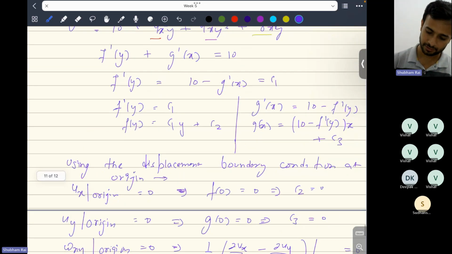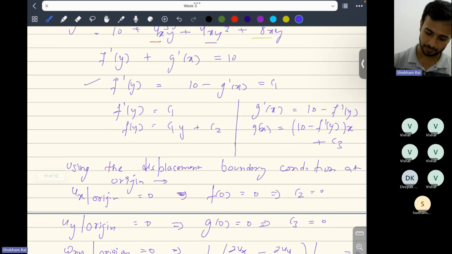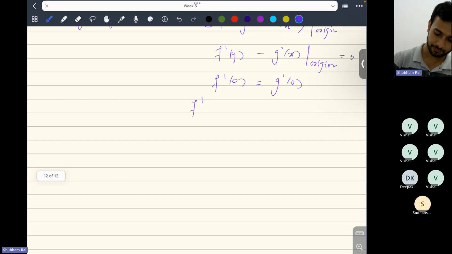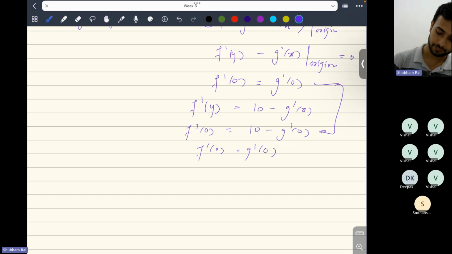I'm just writing this equation again here. We have this equation f prime y is equal to 10 minus g prime x. You put x equal to 0, y equal to 0 here. So f prime 0 should be equal to 10 minus g prime 0. If you solve this, because f prime 0 is equal to g prime 0, here you will get f prime 0 is equal to g prime 0 is equal to 5. Right?